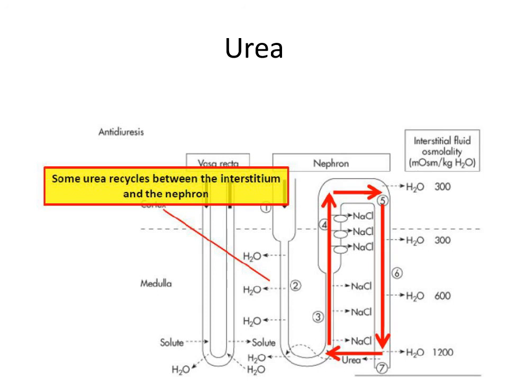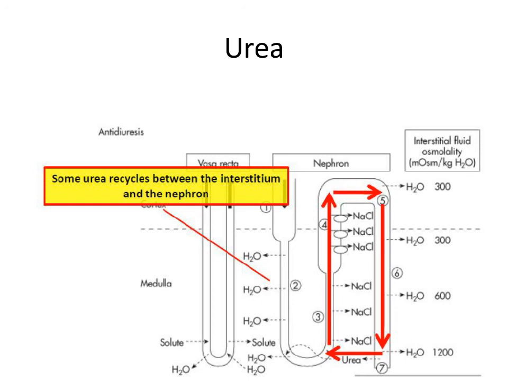Urea concentration increases in the deeper portion of the collecting duct because more water is moving out, and this urea will diffuse into the interstitium. When urea concentration increases in the interstitium, the osmolarity of the interstitium will increase.